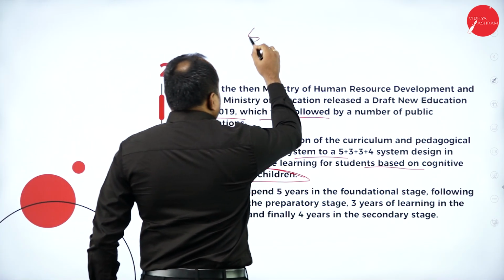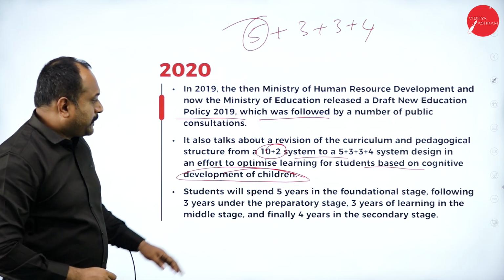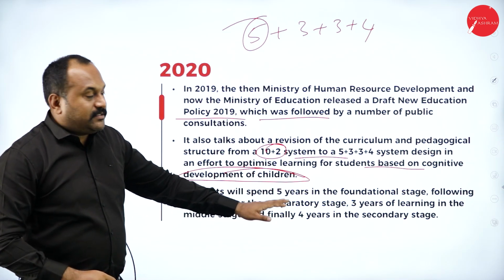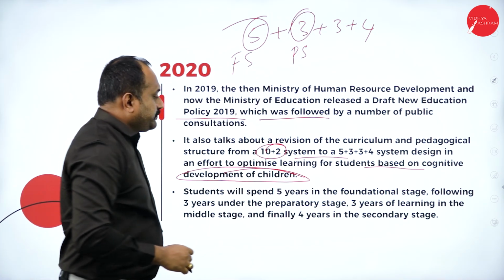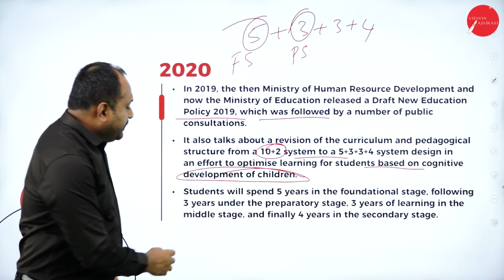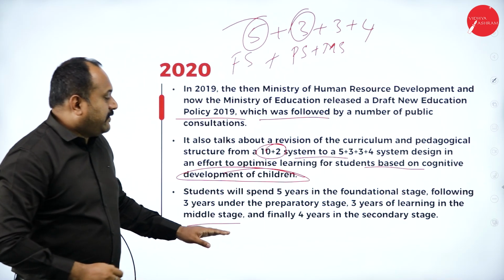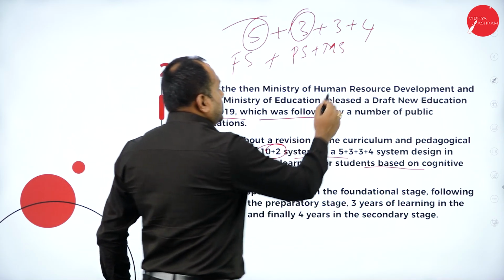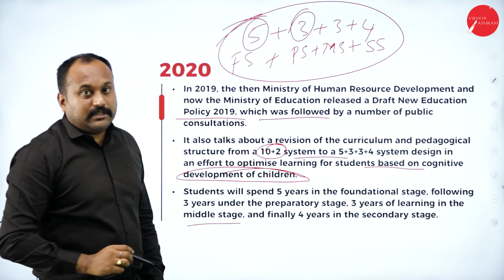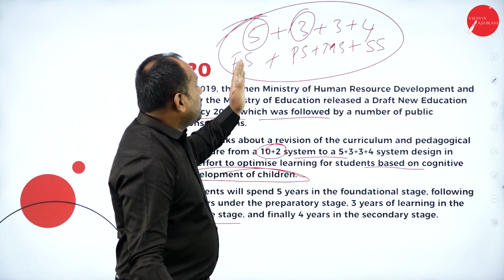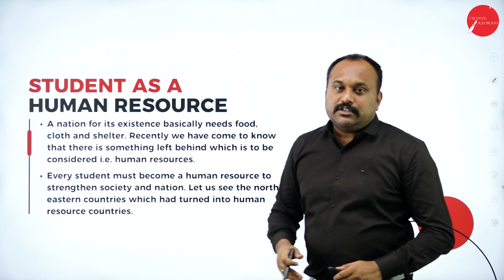So that is 5 plus 3 plus 3 plus 4. 5 is the foundation, then 3 years of the preparatory stage, 3 years of learning in the middle stage, and finally 4 years in the secondary stage. Now a complete impact will happen to that child if he or she continues with 5 plus 3 plus 3 plus 4. That is the NEP of 2020.